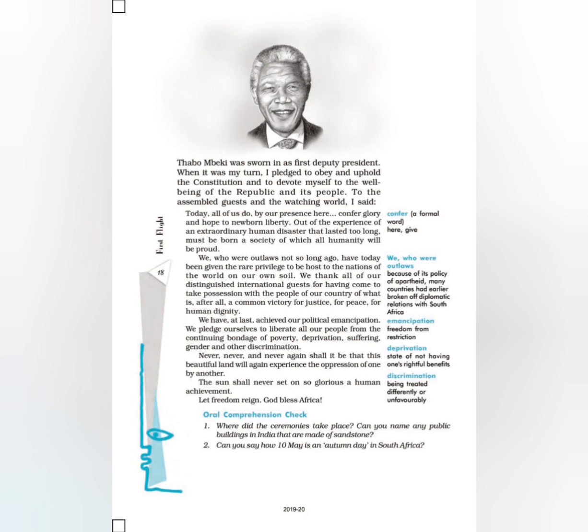With the help of political emancipation, what are we going to do? We are going to cut off the bondage of poverty, the continuation of deprivation and suffering, and gender discrimination.